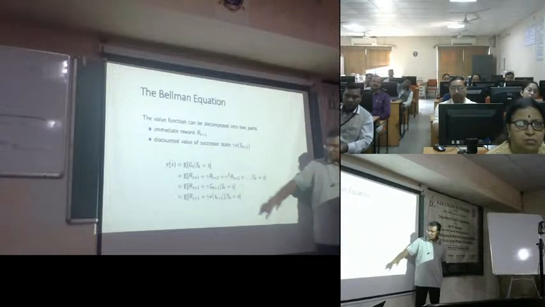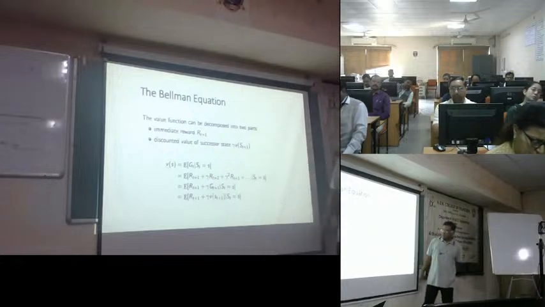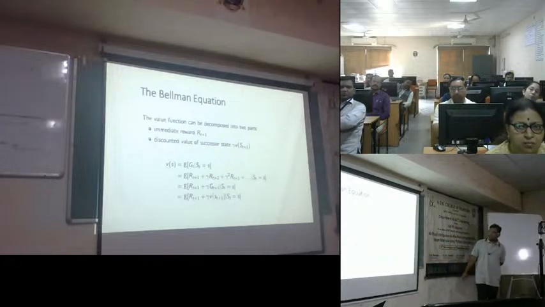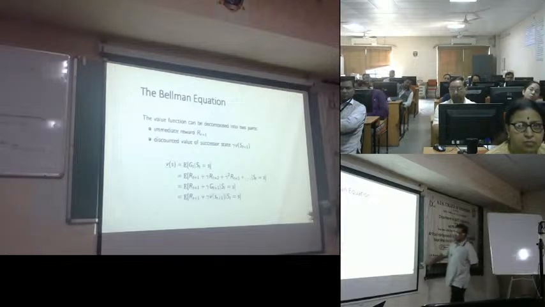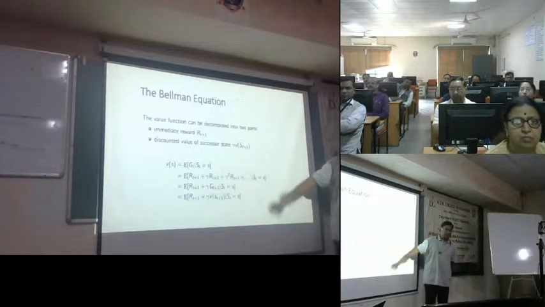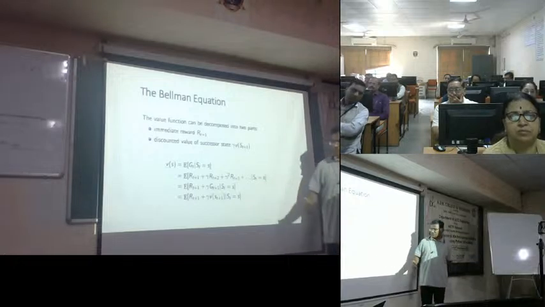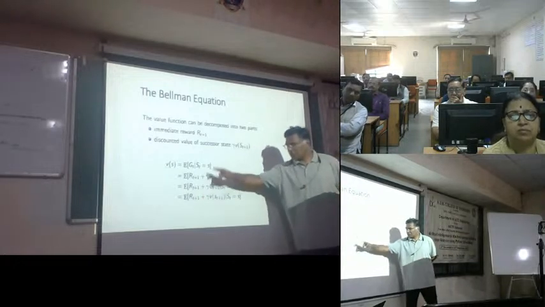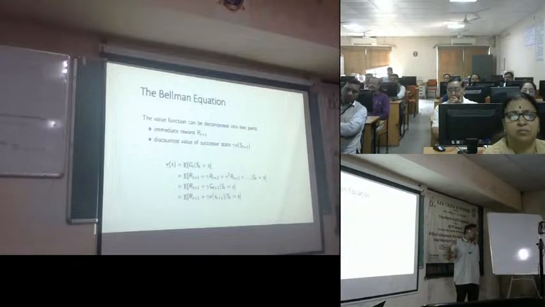Now if we take gamma as common, then we see that this discounted reward is actually starting from the next state. We can write a short form of this: the expected reward V(s) is nothing but the immediate reward plus gamma times the value from the next state.